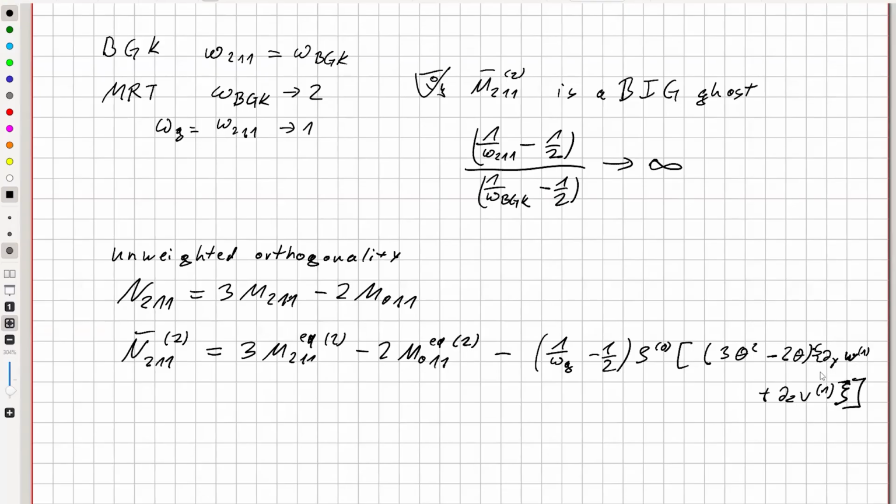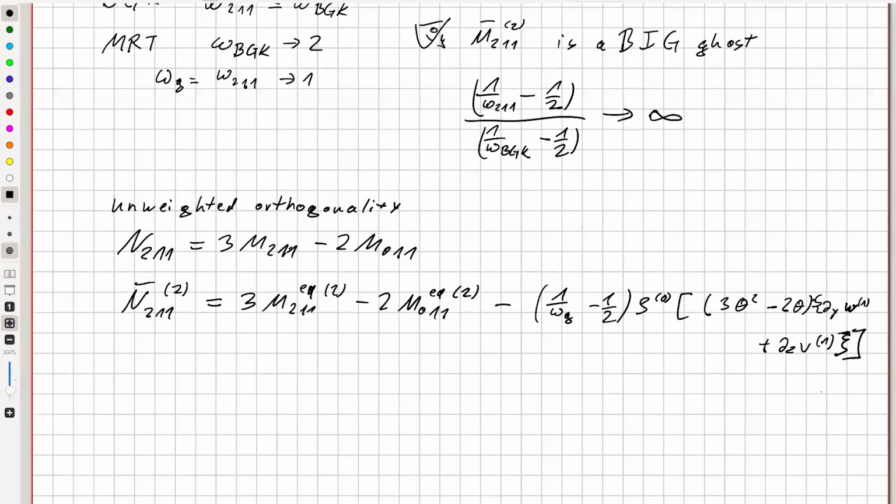You replace this gradient term with the second order moment that you have. This gives us 3 times M211 equilibrium to the second order minus 2M011 equilibrium to the second order.